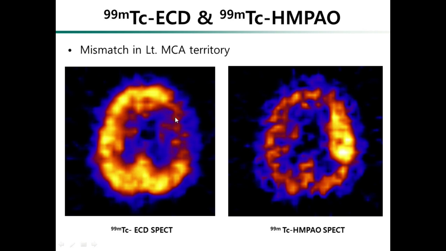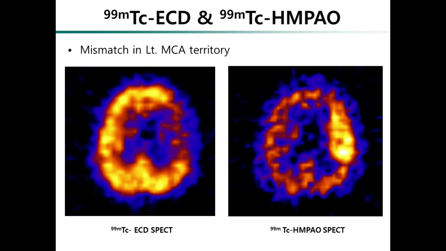And there are very few examples of receptor imaging with technetium-99m, because technetium-99m has to make a complex, so it possesses a higher molecular weight structure.